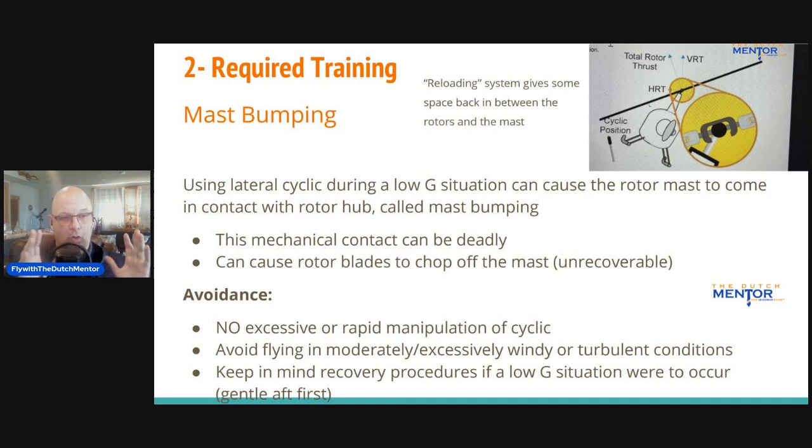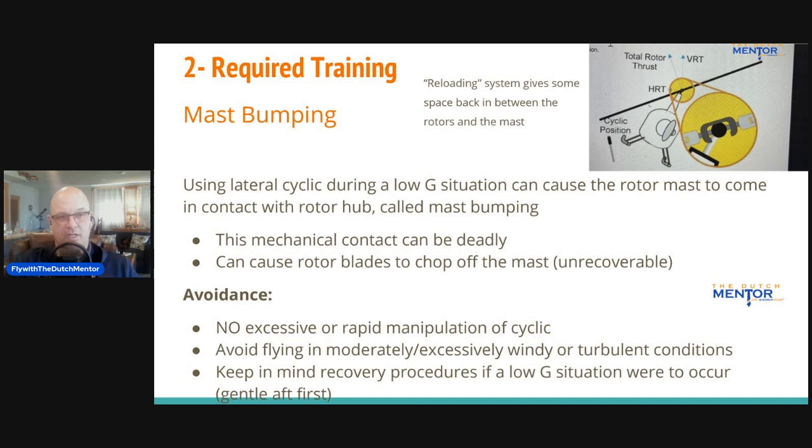So the word of caution here is that if you maintain controlled flight, and you're maintaining good rotor RPM and good forward speed and proper altitude, and you manage your energy appropriately at all times, there's never a reason to get into this.